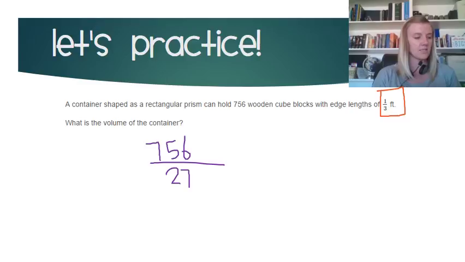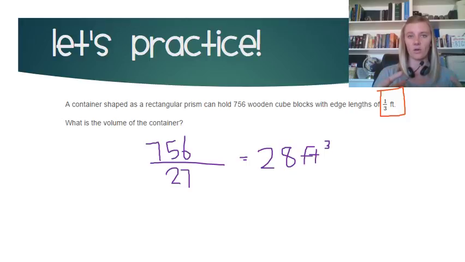So we're going to take our 756, divide it by 27, and that gives us 28. This time our unit is feet cubed. So if we had 1 foot cubes to fill that rectangular prism, we would need 28 of them.